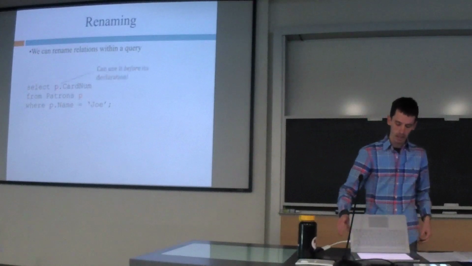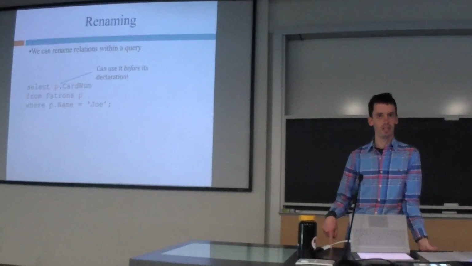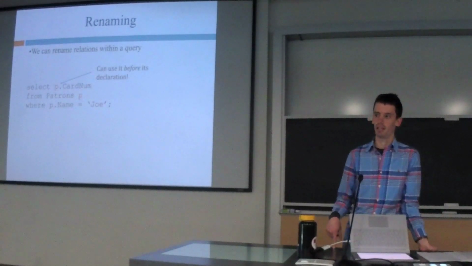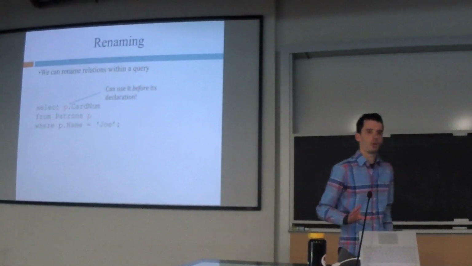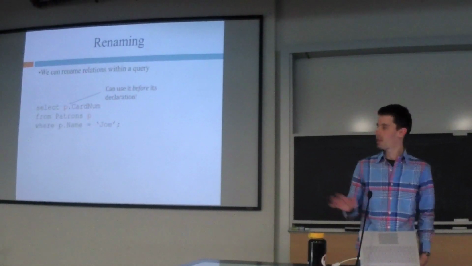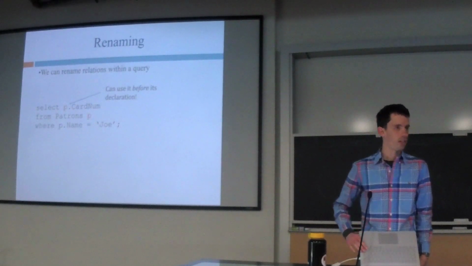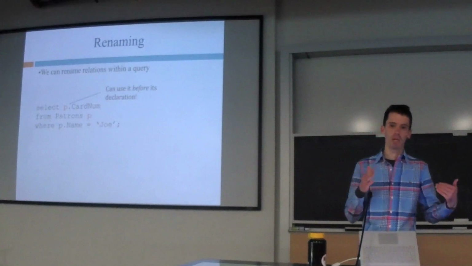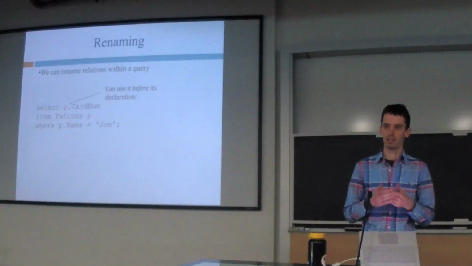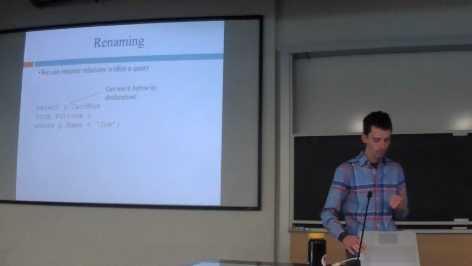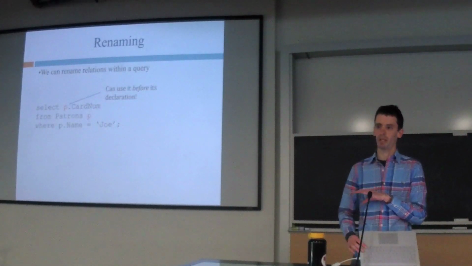The interesting thing here is I can refer to the variable before its definition, unlike in a programming language. Okay. So, any questions here? This will become important. It's called a range variable. You'll see this a lot, even when it's not needed, just to make queries shorter. So rename things to little single letter relations instead of their full name. So that's one form of renaming. This is like temporarily renaming the relation.